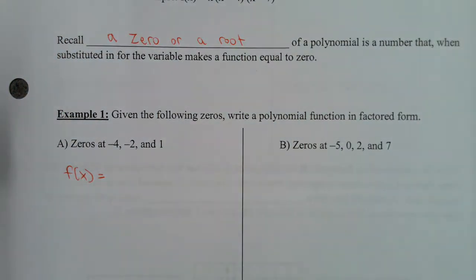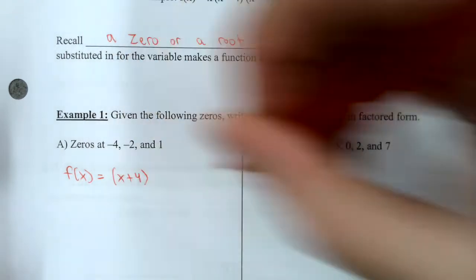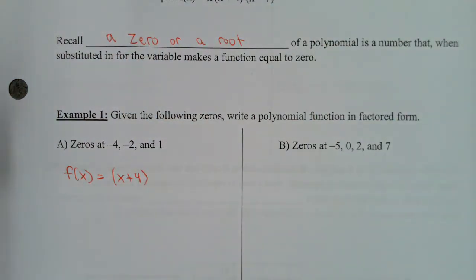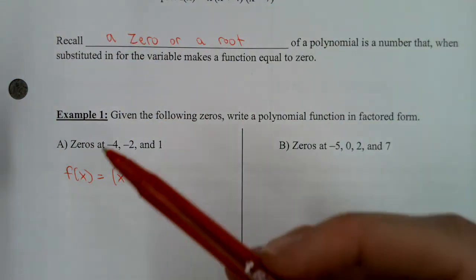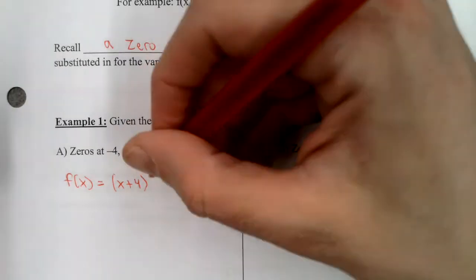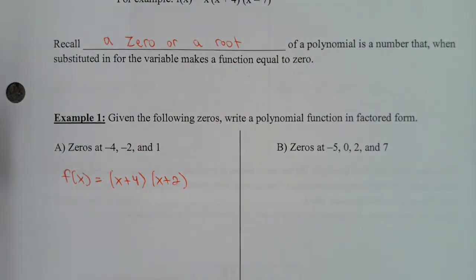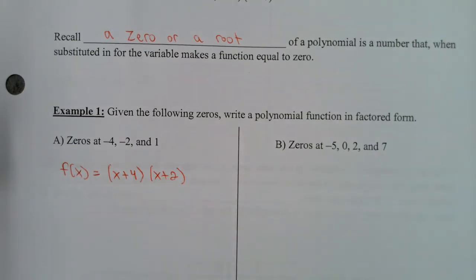If there's a 0 at negative 4, then it means x plus 4 is a factor, because when you solve x plus 4 equals 0, you get x equals negative 4 as a 0. If negative 2 is a 0, then it means x plus 2 is a factor, because when you solve x plus 2 equals 0, you get x equals negative 2.